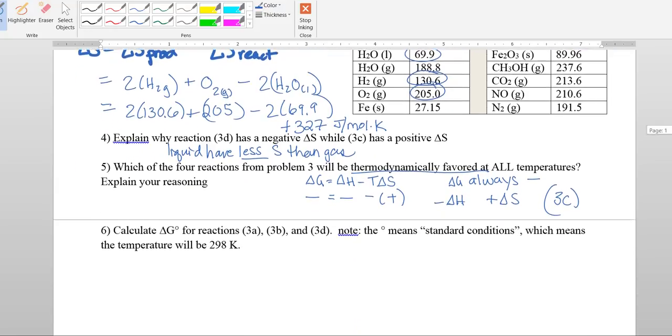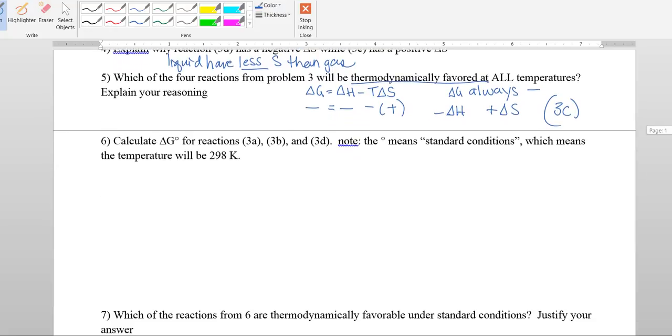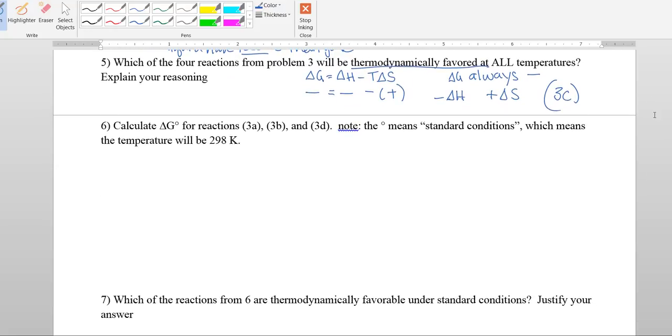Okay, so calculate delta G for the other 3 reactions, 3A, B, and D. And delta G with that little symbol there, G naught, that means standard conditions, which is going to be 298 Kelvin, and it's not really relevant at this point, but you could also note that if you have a gas, it's 1 atmosphere of pressure, or if it's a solution, it's 1 molar. Those values aren't going to be useful to us right now, but they will come up later.